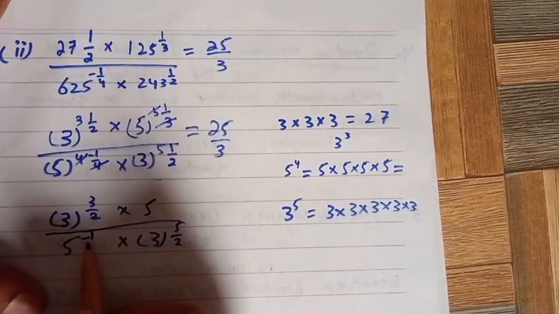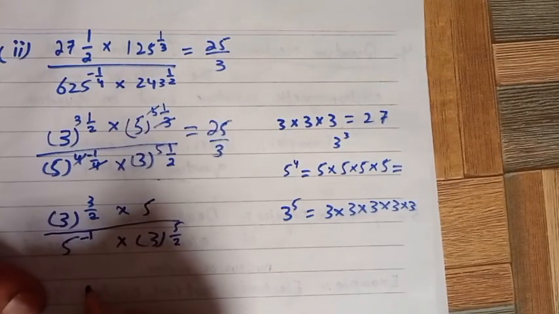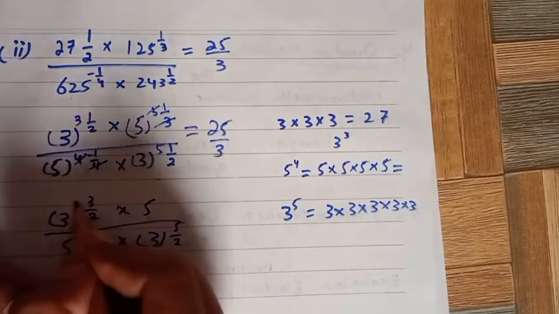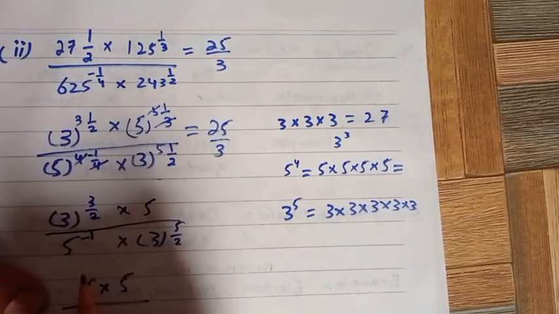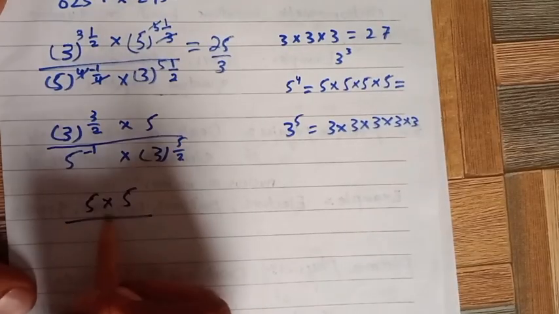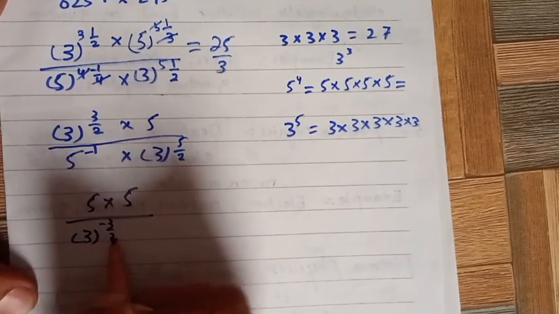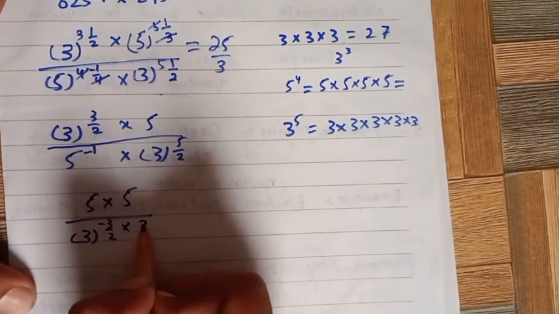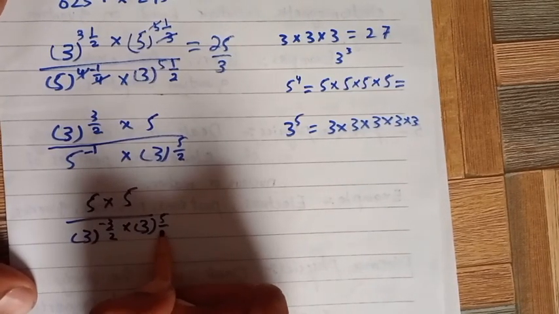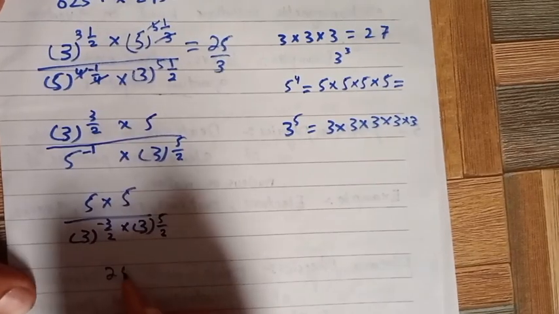Here the minus sign is there, so for changing it into positive we will shift its place, and it will change its sign. For example, 3 power minus 3 over 2, multiply 3 power 5 over 2. 5 multiply 5 is 25.